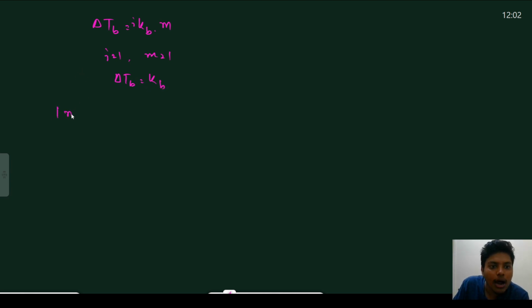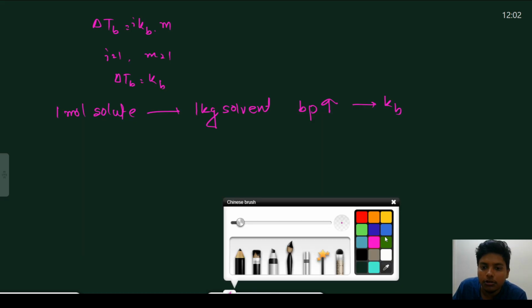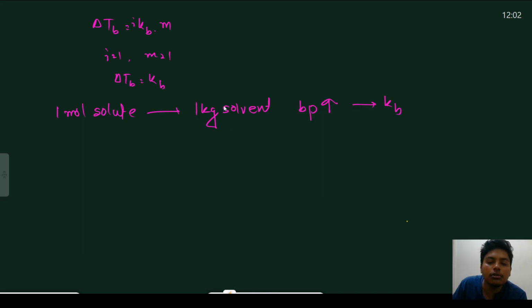When you take 1 mole solute and dissolve it in 1 kg solvent, how much does the boiling point increase? That is known as Kb. Clear? Understood? Or for 1 molal solution, how much does the boiling point increase? That is called Kb. Clear?